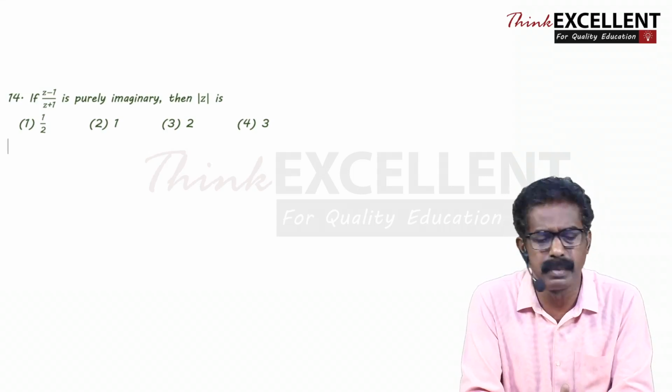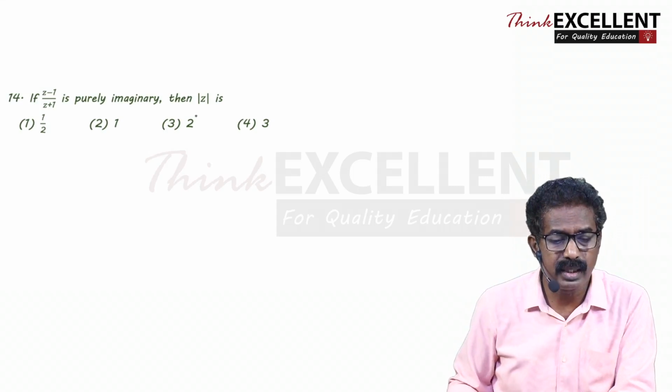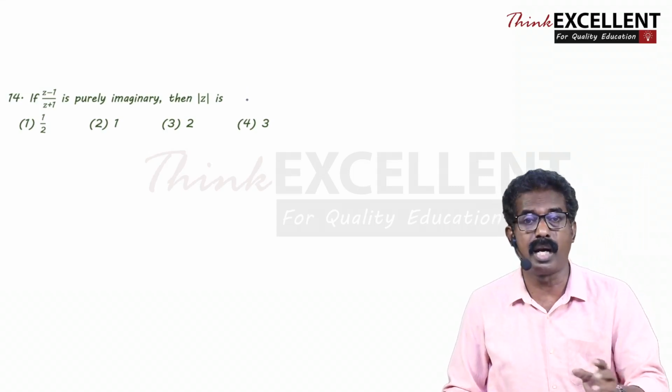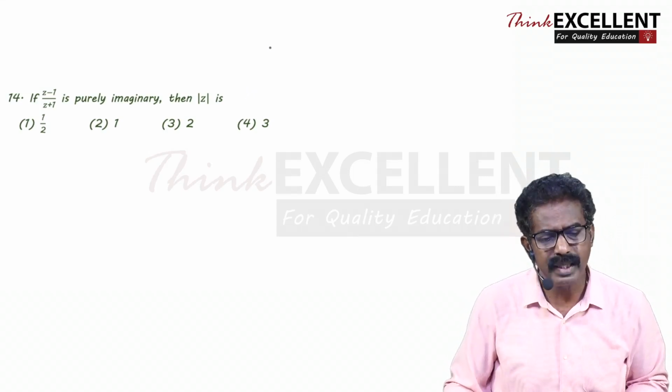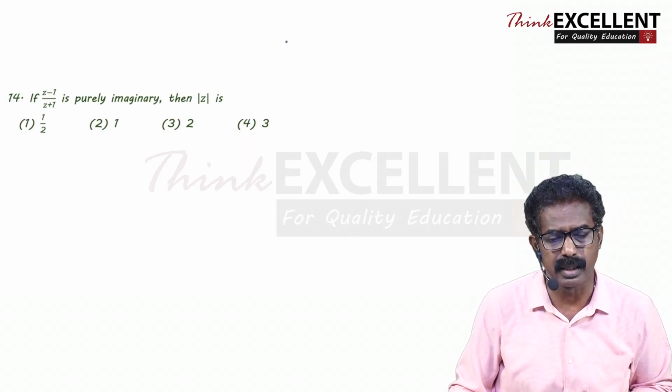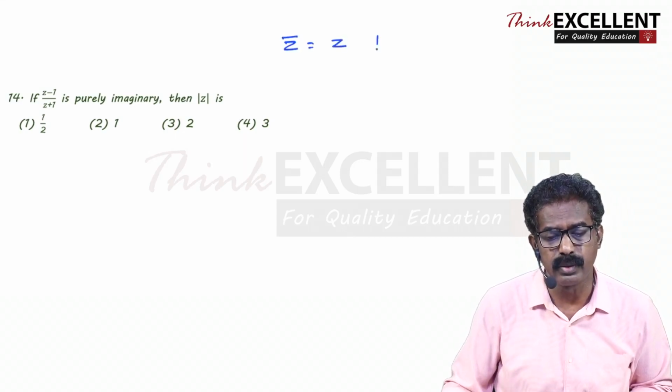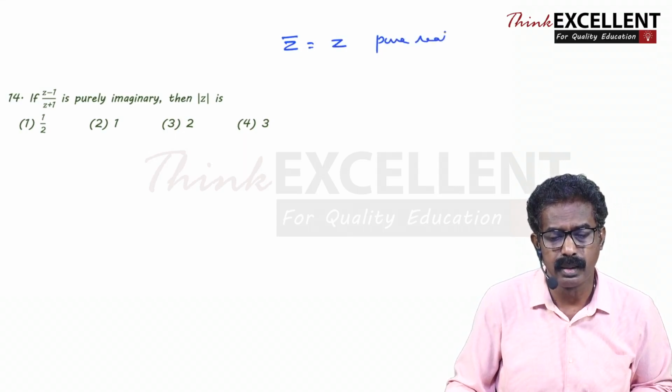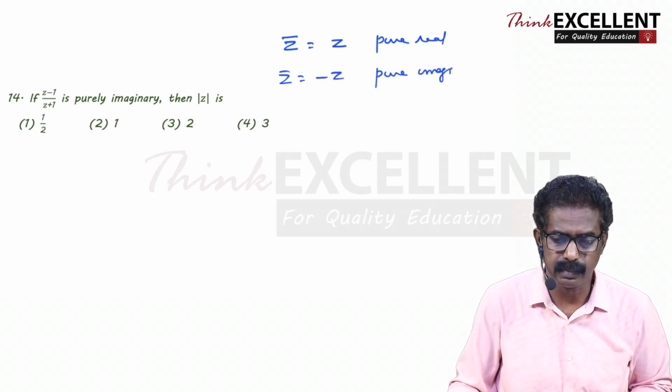Another method, please listen. To check whether the complex number is pure real or pure imaginary, you find Z bar. If Z bar is Z itself, you say it is pure real. If Z bar is minus Z, then you say it is pure imaginary.